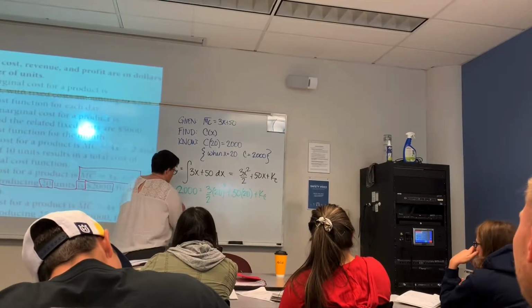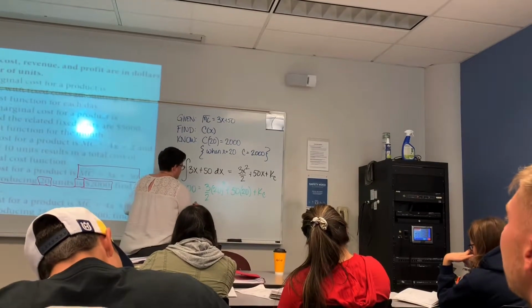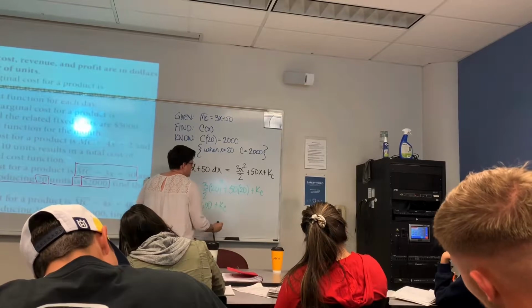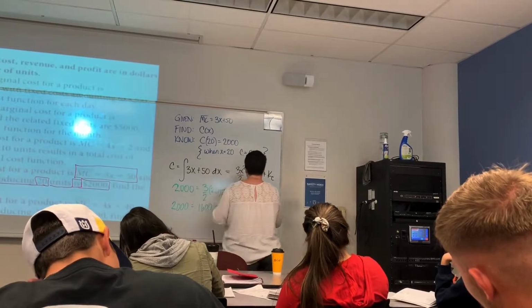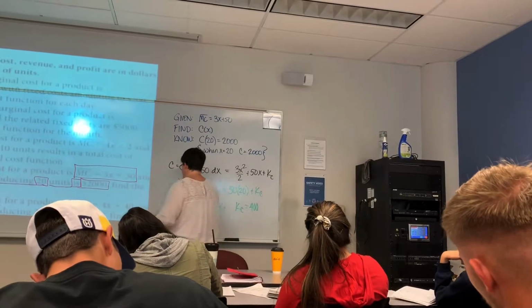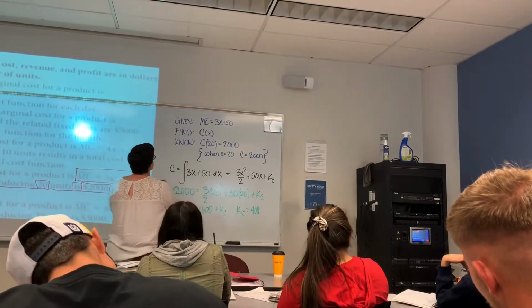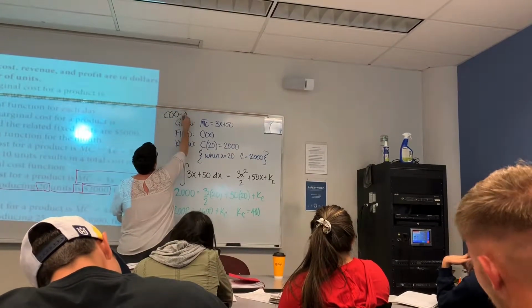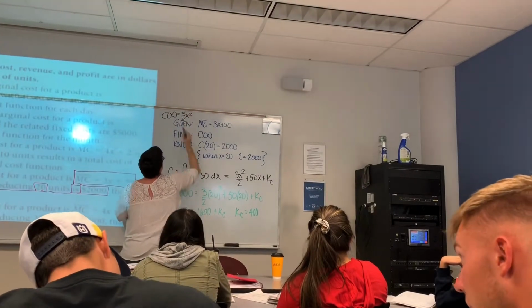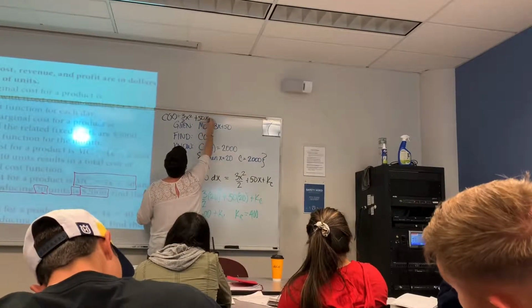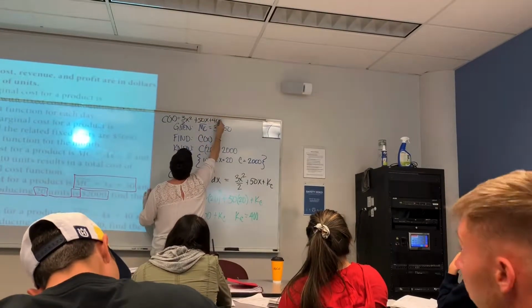So now I'm gonna rewrite this. 2,000 equals 1,600 plus K sub C. What does K sub C equal, guys? 400. So what's my real cost function now? It equals 3/2 x squared plus 50x plus 400.